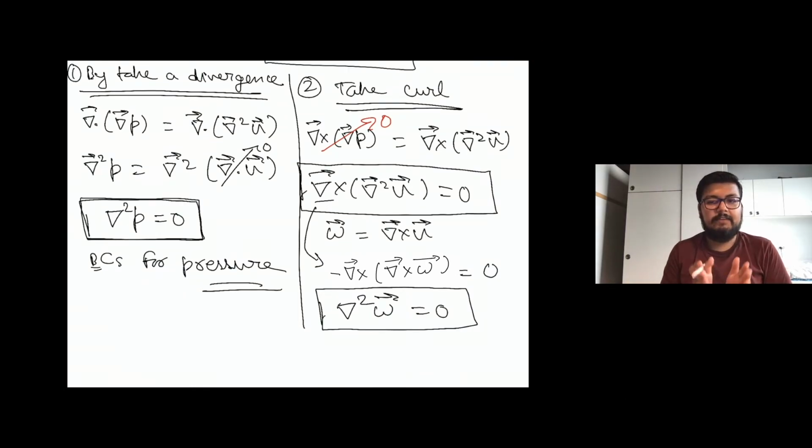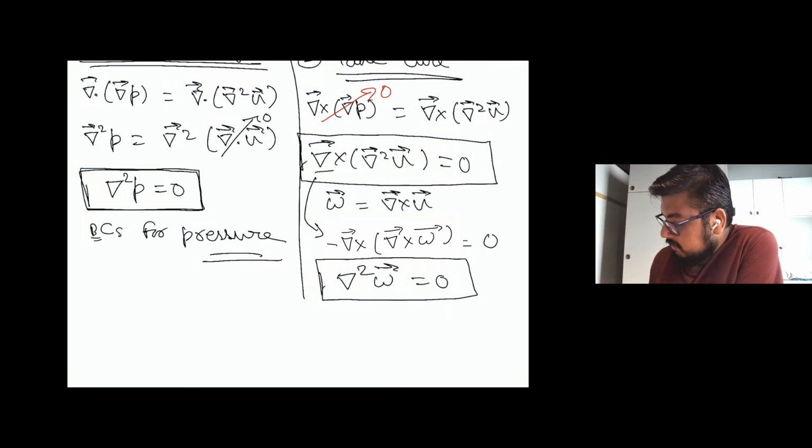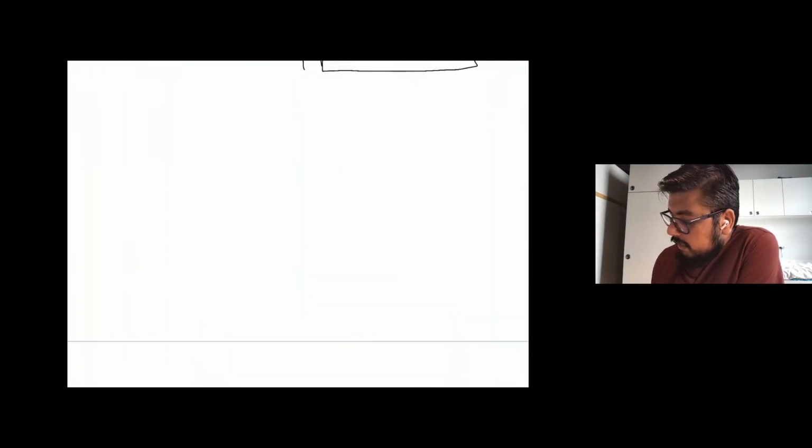As you can see, I have skipped a few intermediate steps. So what I want you to do is to use Cartesian tensor notation and then fill in those steps and let me know if you don't get those. What I'm going to use next is this simplified equation which says that the Laplace of the vorticity field is 0.